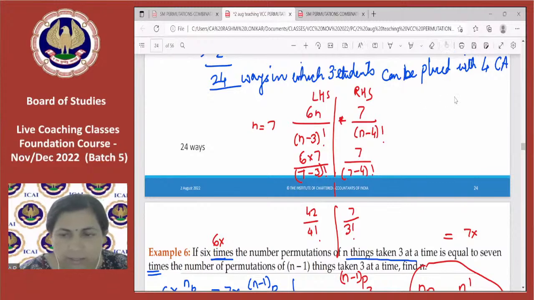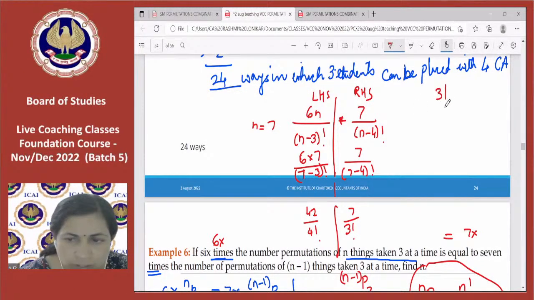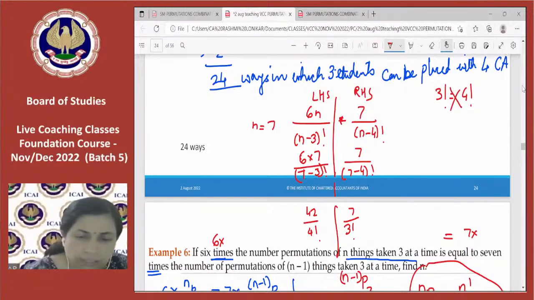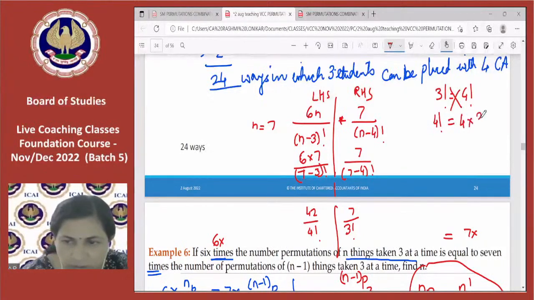Can I write 3 factorial in terms of 4 factorial? No, this is not possible. That is why I can only write 4 factorial as 4 into 3 factorial.